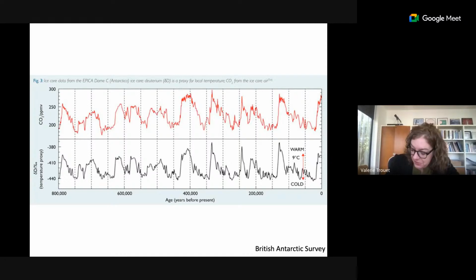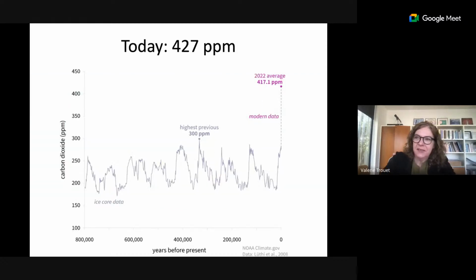When I speak to a broad audience live, this is when I ask the question, does anybody have any idea how much ppm, parts per million, CO2 we are at today? I guess here I'll answer the question myself. I looked it up this morning, and we are at 427 parts per million.